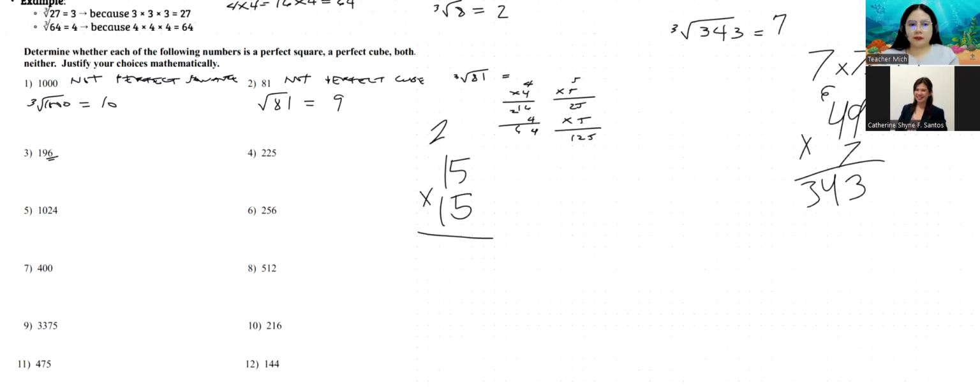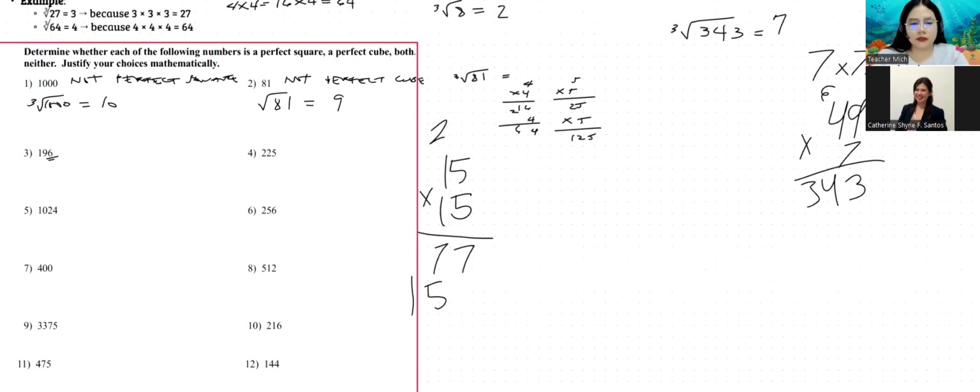What's your answer, anak? What is 5 times 5? 25.